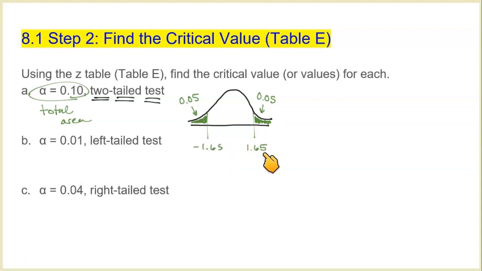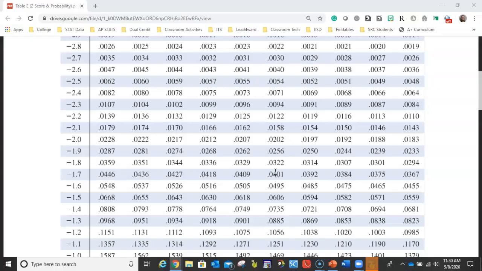Now, what we can do is confirm that this was the right number. If you have 5% of the area in the right tail, then when I look up this z-score, it should be 0.95, which is the area below it, because when we look at the table, the z-score is always the area to the left.